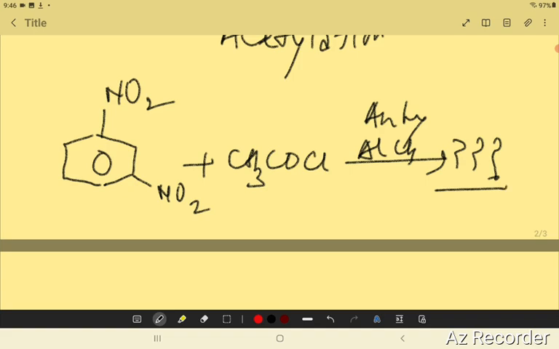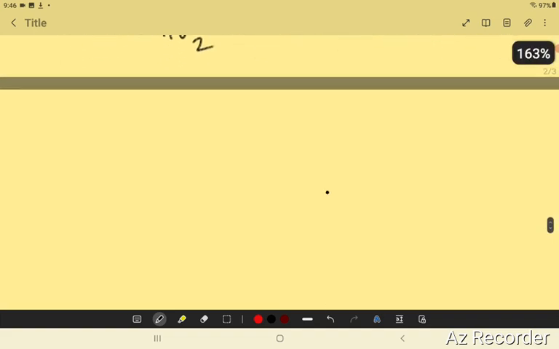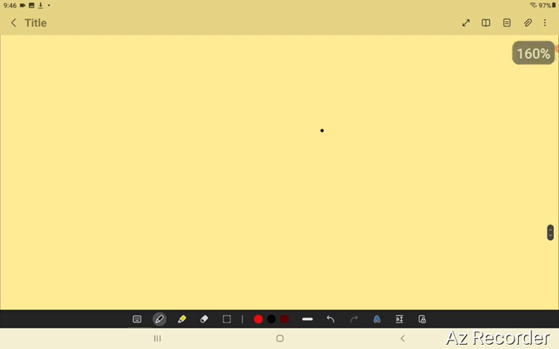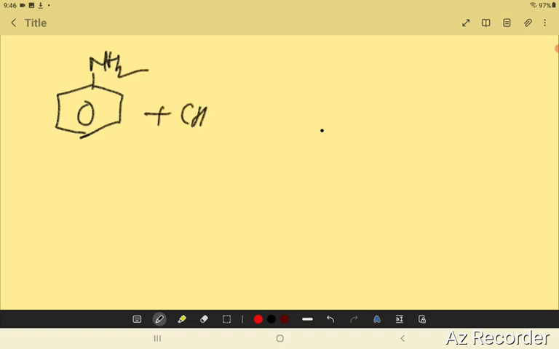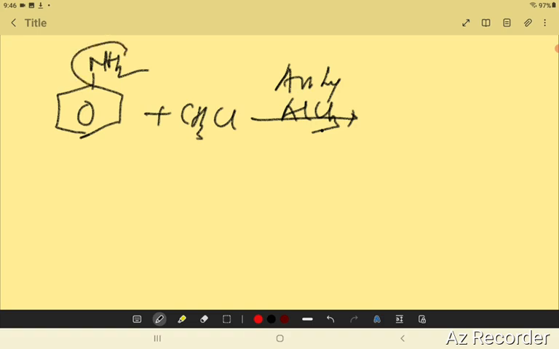Now the most important thing: which aromatic compound will not show the Friedel-Crafts reaction and why? This is the important question. So aniline, benzene ring with NH2, if you want to do the Friedel-Crafts reaction, that means if you are reacting with CH3Cl in the presence of anhydrous AlCl3, it will not form the product you require, because as you know, the NH2 group is basic in nature, and this is acid.